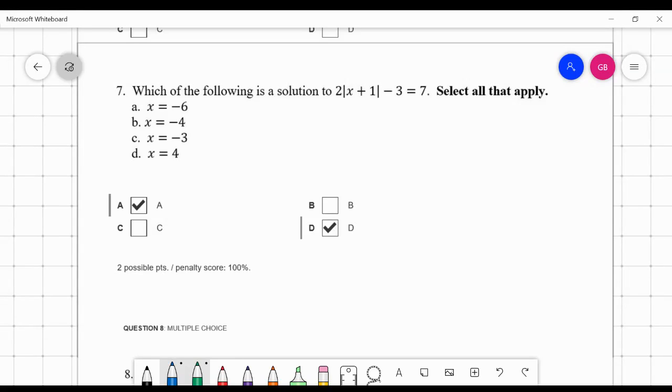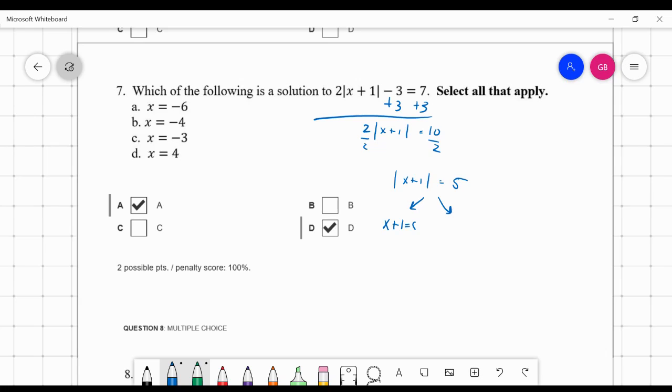All right, number 7, which of the following is the solution to 2 times the absolute value of x plus 1 minus 3 is equal to 7? So first we want to clear the absolute value, so I'm going to add 3 to both sides first. And then I'm going to divide by 2. Now I can split it.